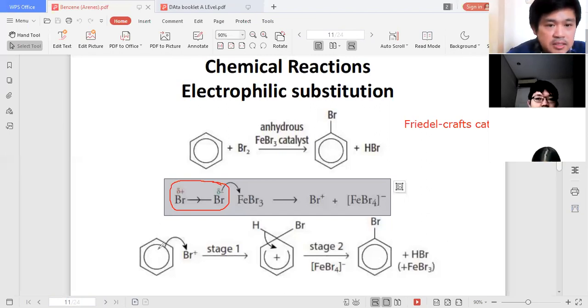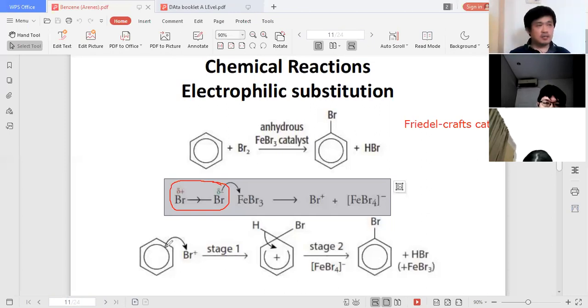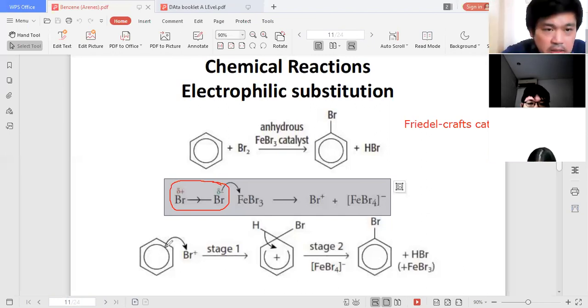This pi bonding system means it is rich in electrons, with high electron density. This comes from the concept of the alkene. Alkene has a high electron density. This high electron density can give its electrons to the Br positive, the electrophile.